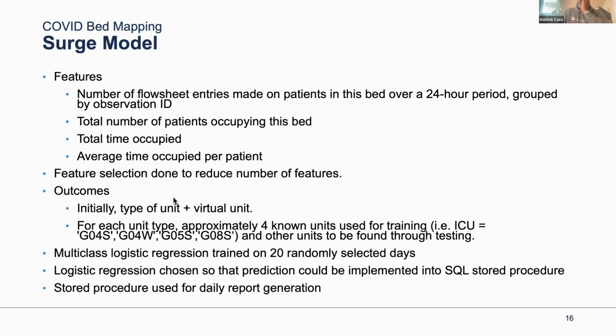What we did was, the features or variables that we used were the flowsheet entries or observations the nurses were putting into the system. Our theoretical approach was that a nurse would be charting differently, putting different observations in for an ICU patient as opposed to a med-surg patient.